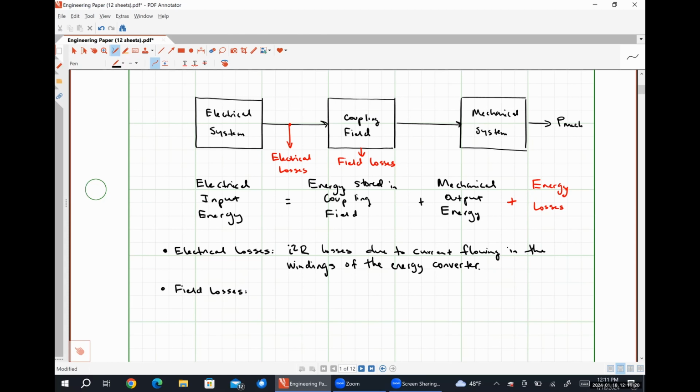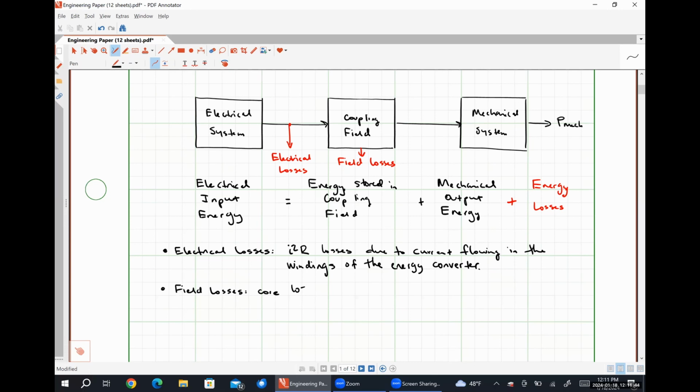So our field losses, putting it in terms of stuff that we've talked about before, are the losses that we observe in our core due to the changing magnetic field experienced by the core. So this could be eddy current losses. It could also be the hysteresis losses or some combination of both, right?